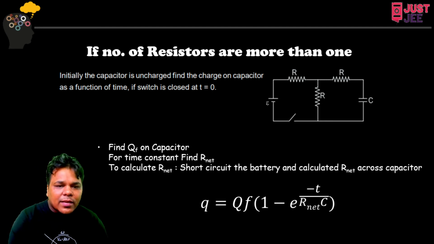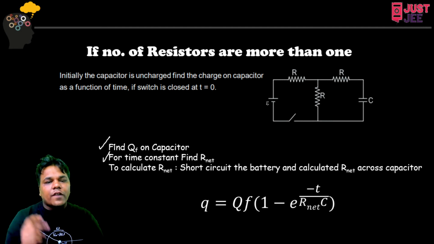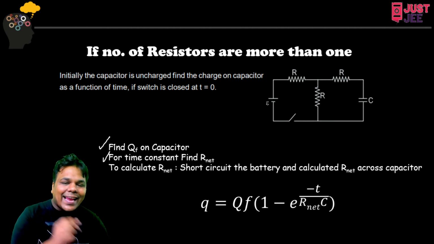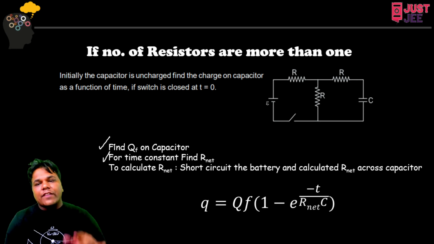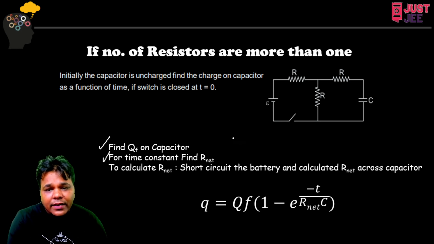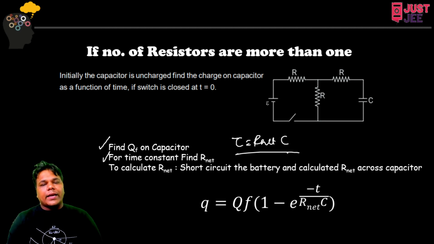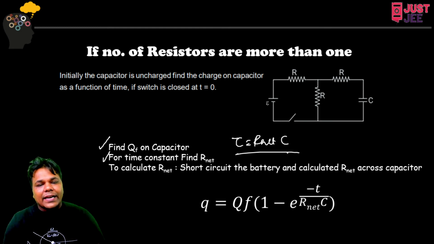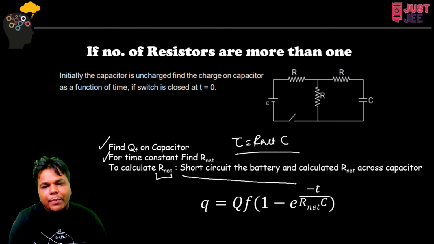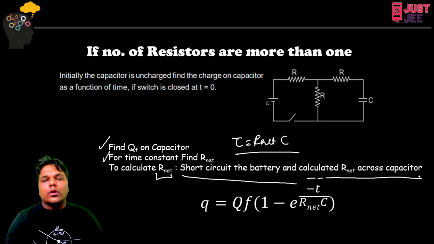So I gave you some shortcuts. First of all, we have to find Q final on the capacitor. Then we can calculate the time constant. How can we calculate the time constant? Tau is equal to R net into C, right? For tau, we need R net into C. And for R net, I gave you a shortcut: short circuit the battery and calculate R net across the capacitor.